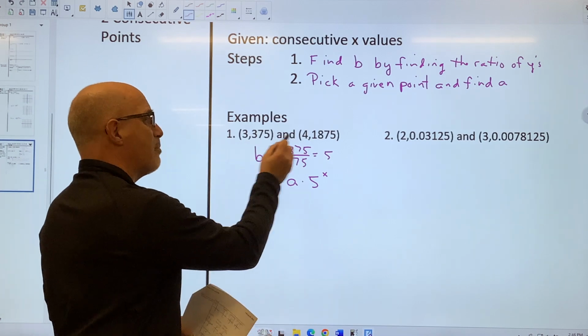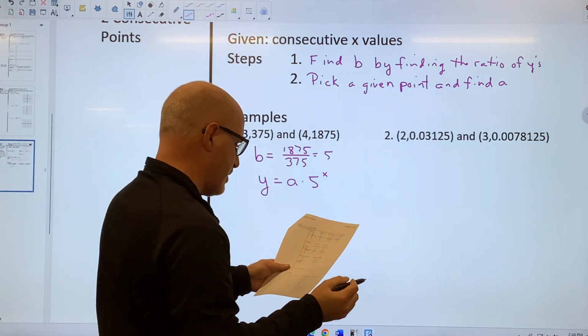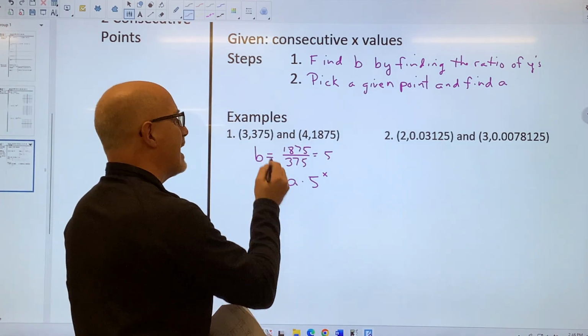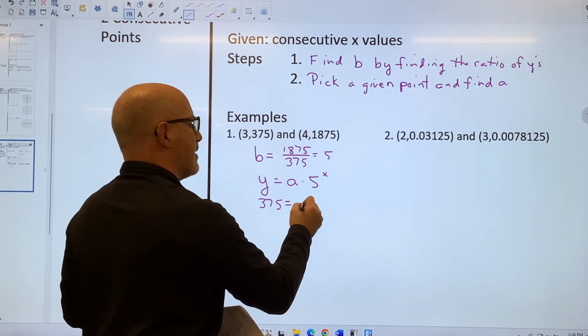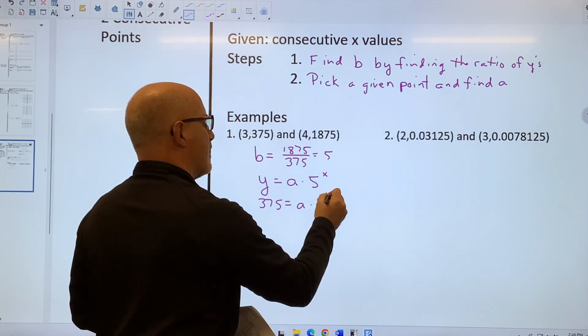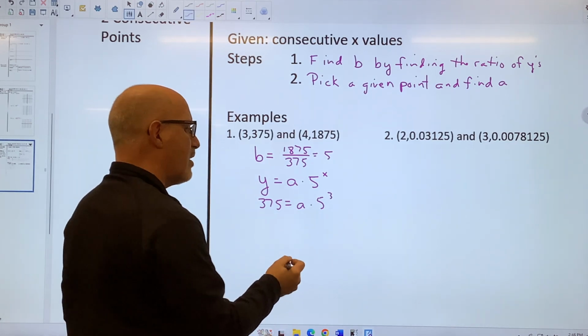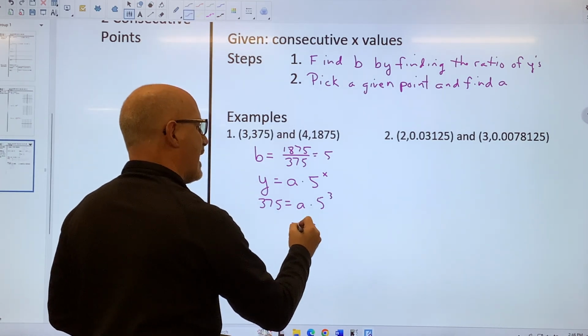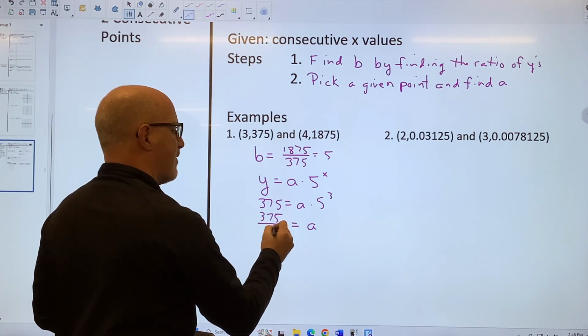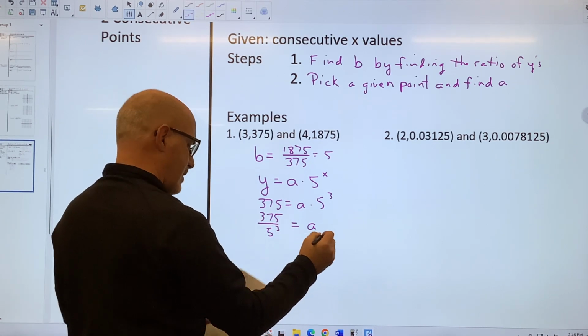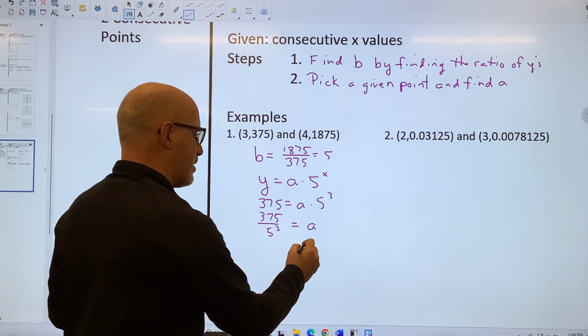Well, to do that, you pick one of these two ordered pairs. I'm going to pick the first one. I'm going to put in 375 for the y, and 3 for the x, and then all you have to do is find a by dividing 375 by 5 cubed, and so you'll get a equal to 3.